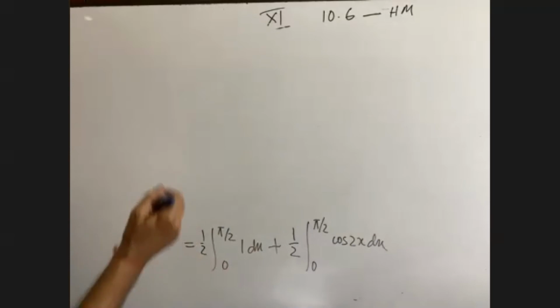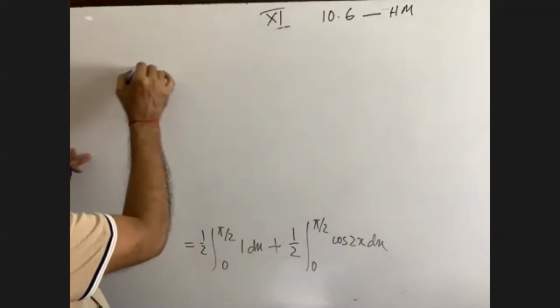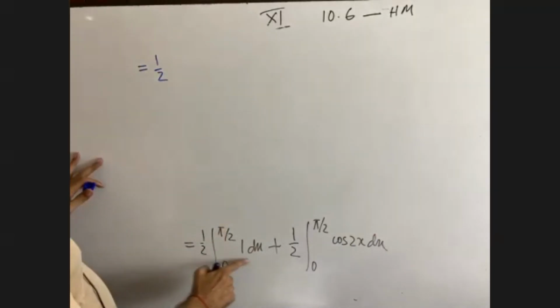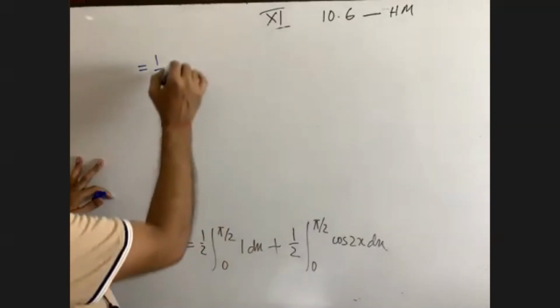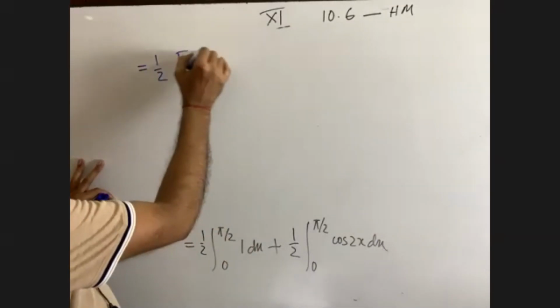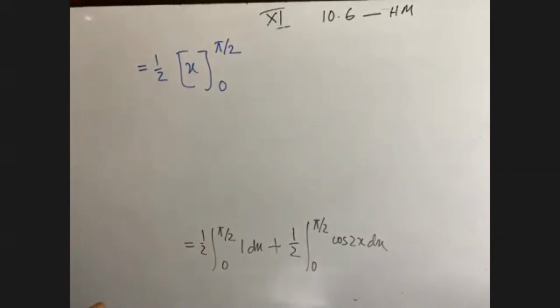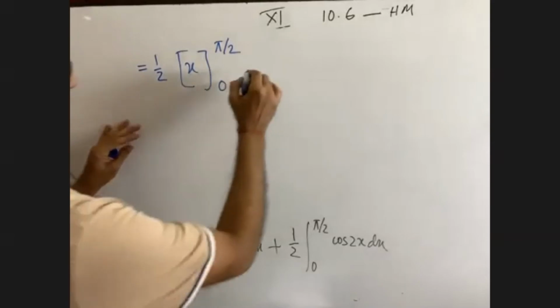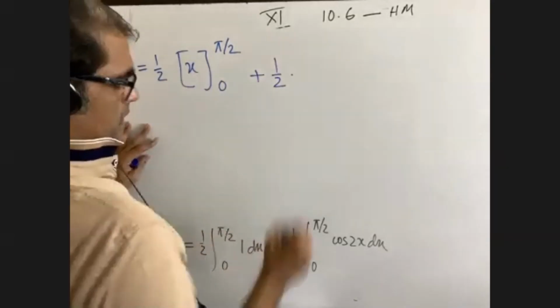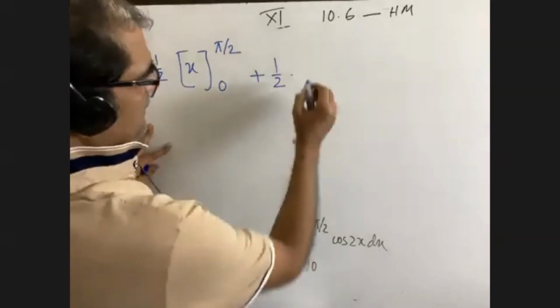Now you see, half of 1 dx means what? Only x, right? From 0 to pi by 2. Again, half, and cos 2x means what?